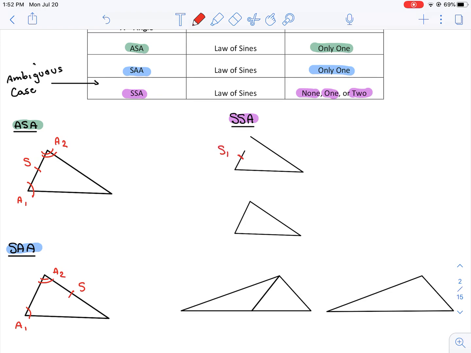All right, so starting with no triangles. I'm going to label this side here side 1, this consecutive side 2, and that angle 1. So notice side length 1 is not long enough to complete the triangle.